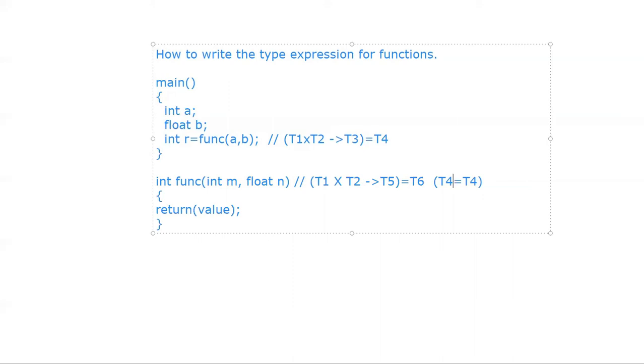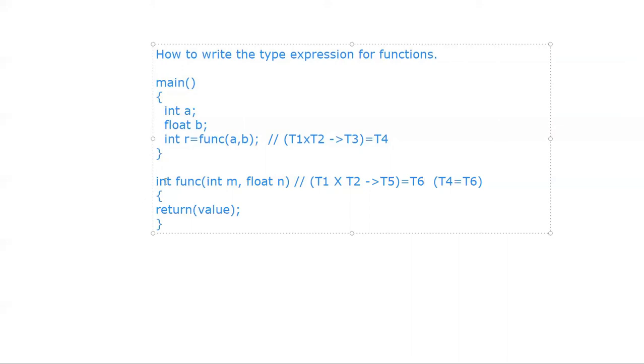T4 should be equal to T6, which means what you are passing, A and B, T1 and T2, and what you are returning is a value of type integer. The whole expression is represented by T4, and in the function, your first parameter is integer, that is T1. Your second parameter is float, that is T2, and you're returning integer, that is T5, and the whole expression is T6. So T4 is equal to T6.